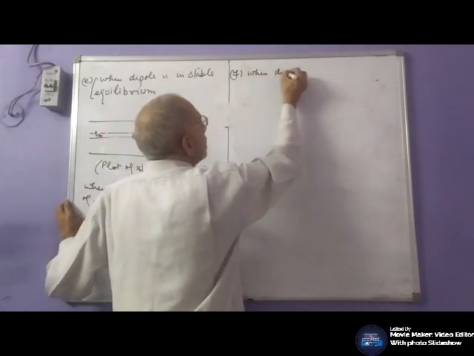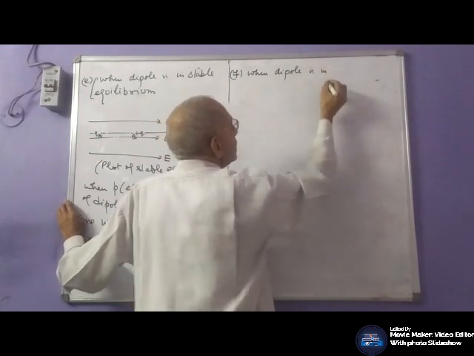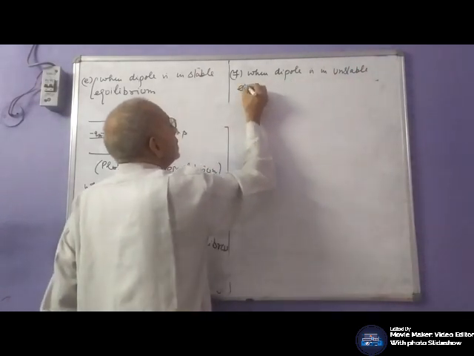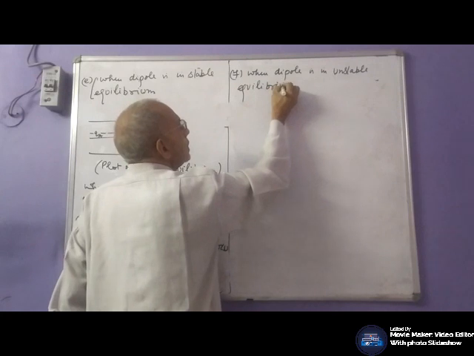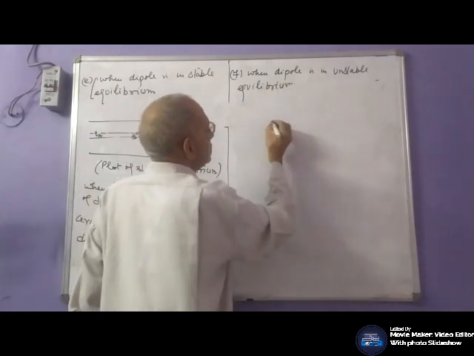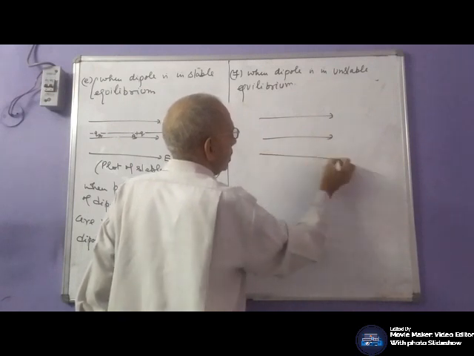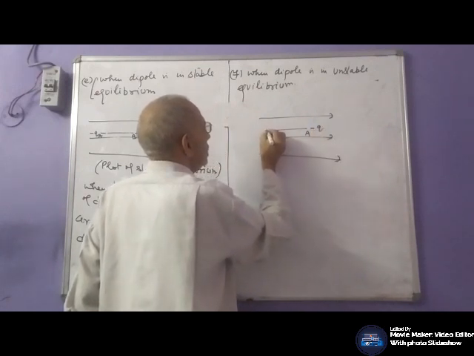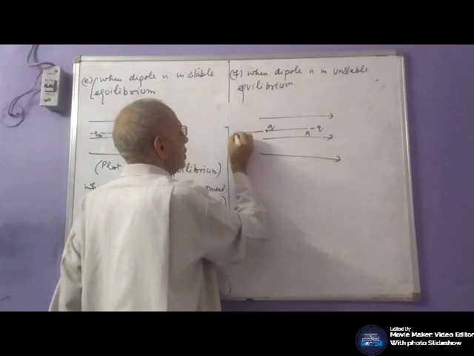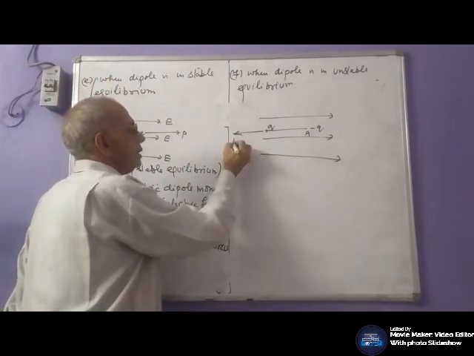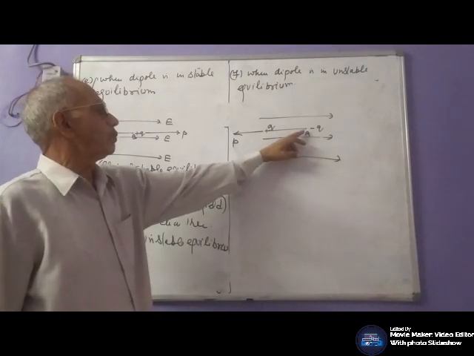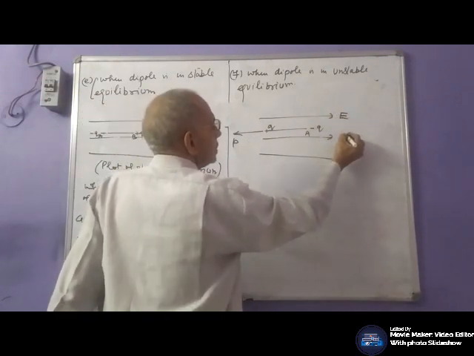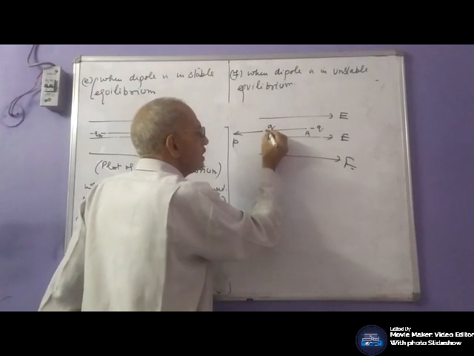When the dipole is in unstable equilibrium: now it is in equilibrium position, net force is 0. Force on this is in this direction.